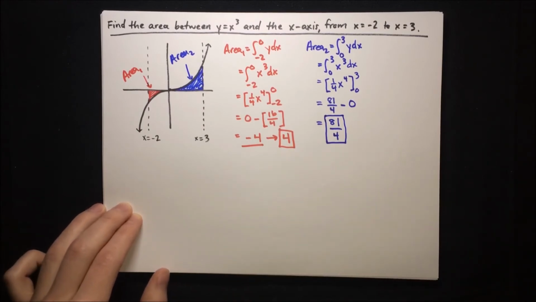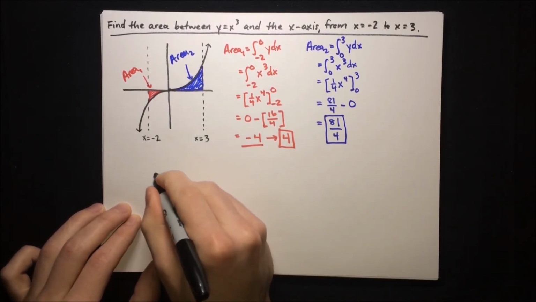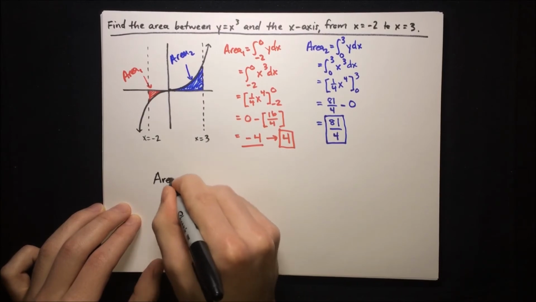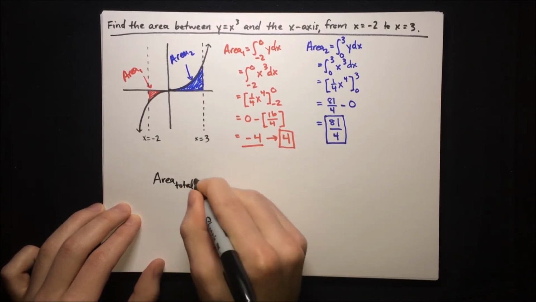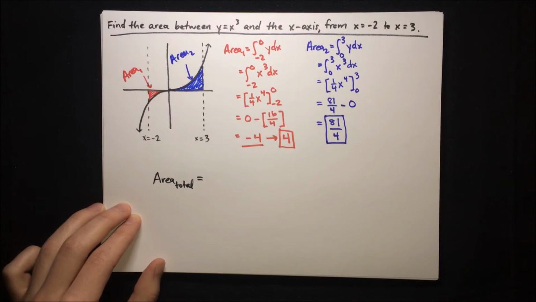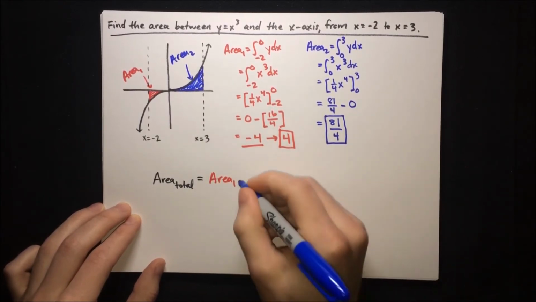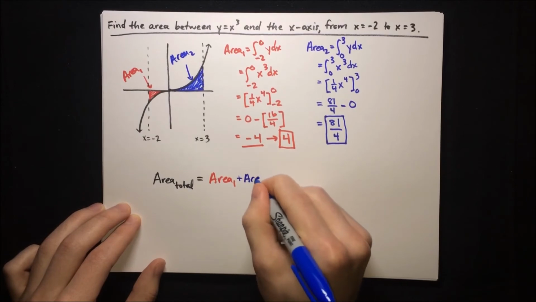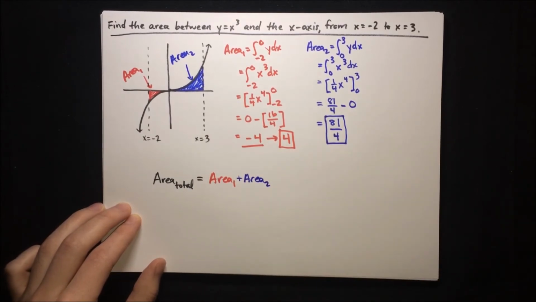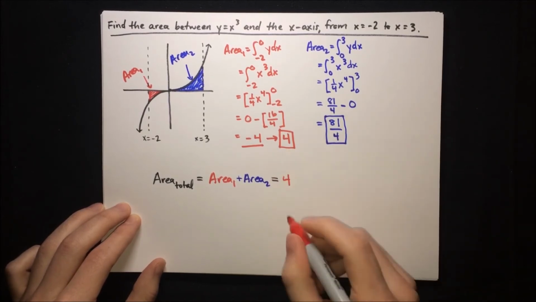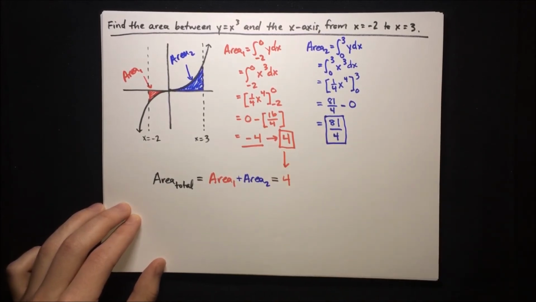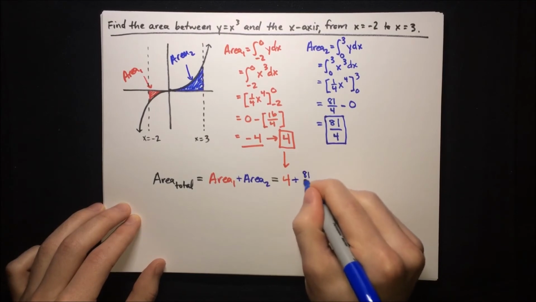Okay, so now we can go ahead and find the total area. And that's going to be the area of the first region plus the area of the second region. And that's just equal to 4 plus 81 over 4.